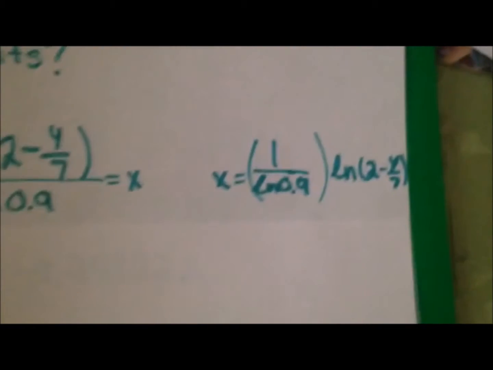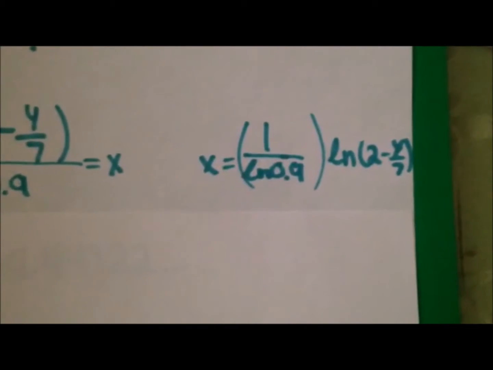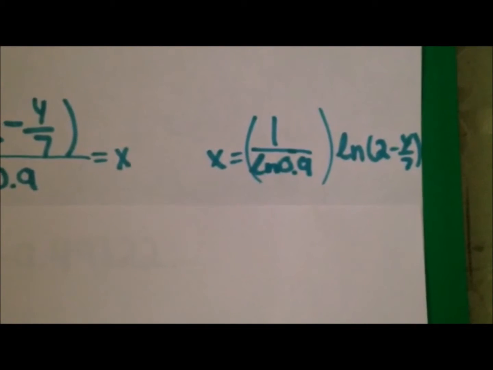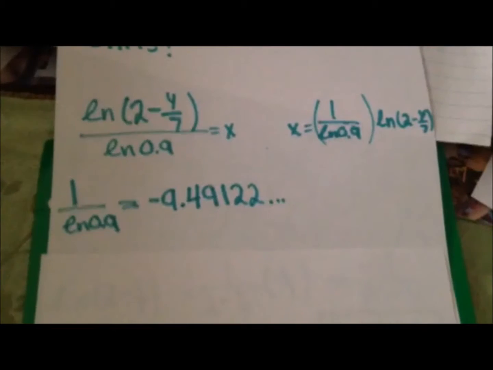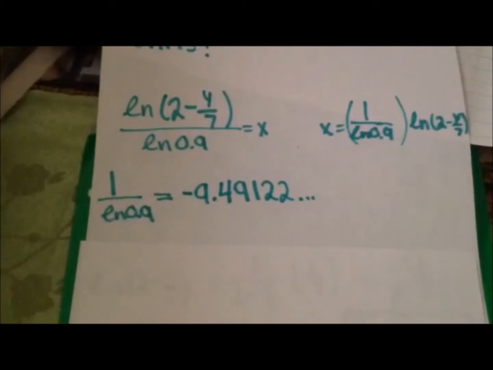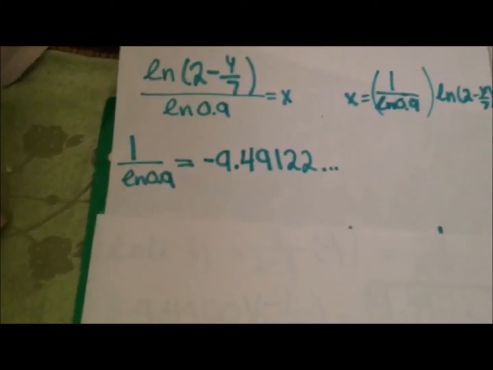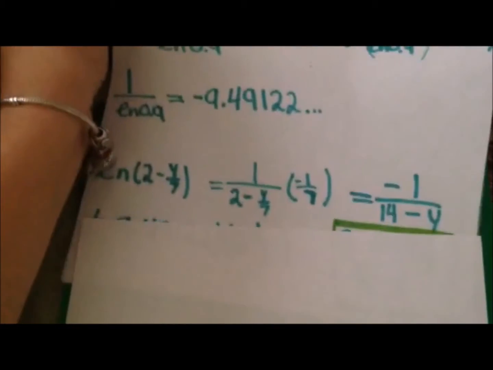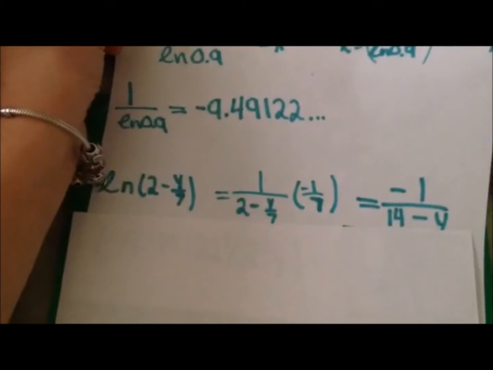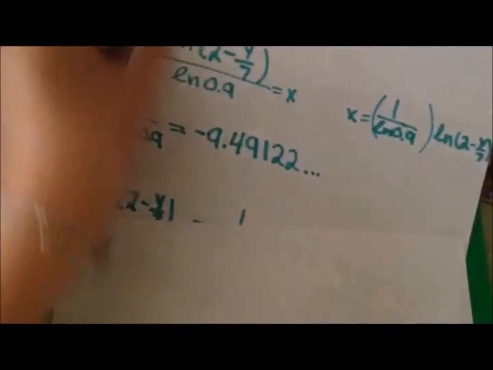This can also be written as x equals 1 over ln of 0.9 times ln of 2 minus y over 7. Because 1 over ln of 0.9 is a constant, we can solve this just to be negative 9.49122. Now we have to differentiate ln of 2 minus y over 7.